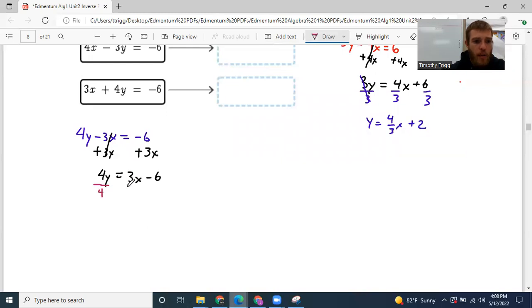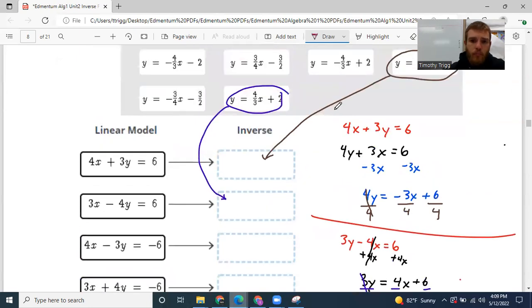Then divide by 4 to get y by itself. This 6/4 reduces down to 3/2. 3/4 x minus 3/2.